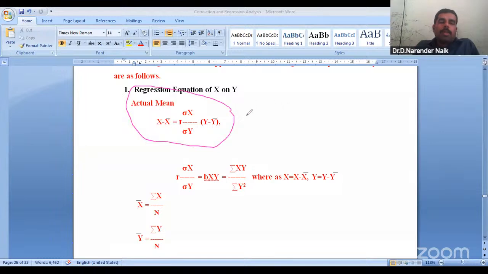Actual mean: x minus x bar is equal to r into standard deviation x by standard deviation y into y minus y bar. Then r into standard deviation x by standard deviation y is equal to bxy, which is equal to sigma xy divided by sigma y square, where x is equal to x minus x bar, y is equal to y minus y bar. So x bar is equal to sigma x by n, y bar is equal to sigma y by n.